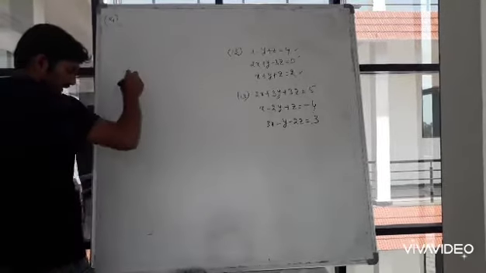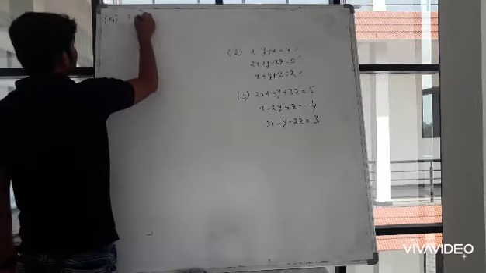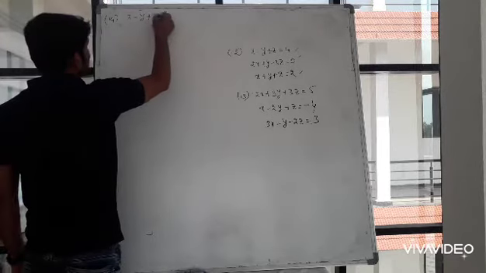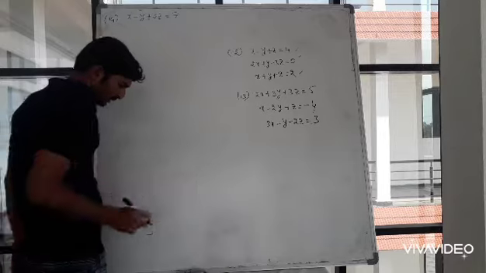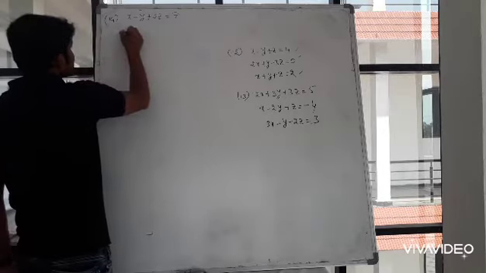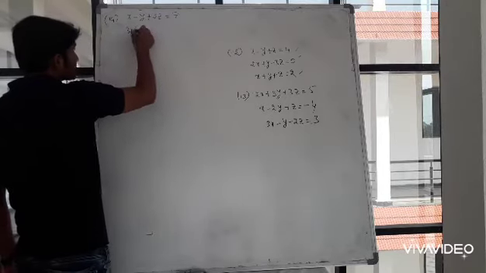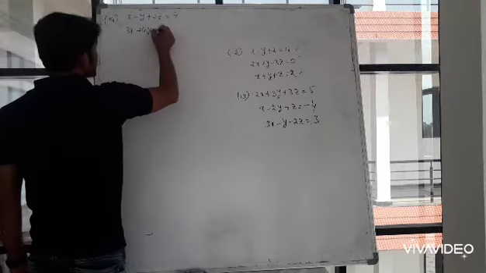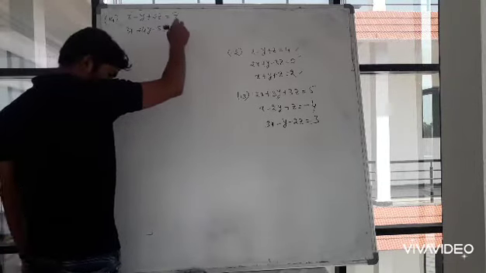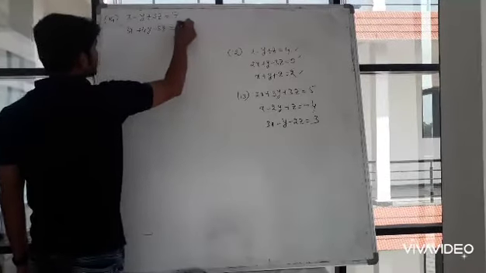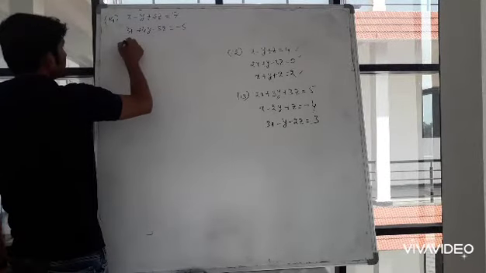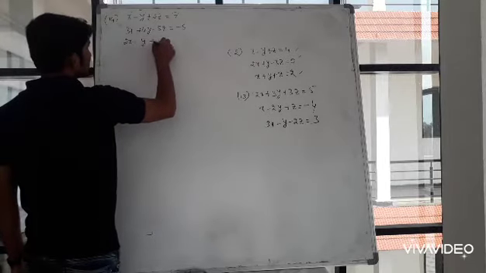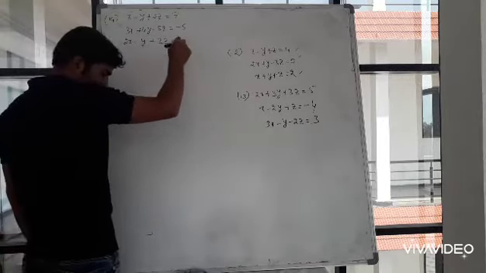x minus y plus 2z is equal to 7. 3x plus 4y minus 5z is equal to minus 5. 2x minus y plus 3z is equal to 12.